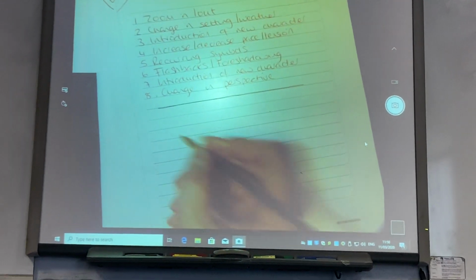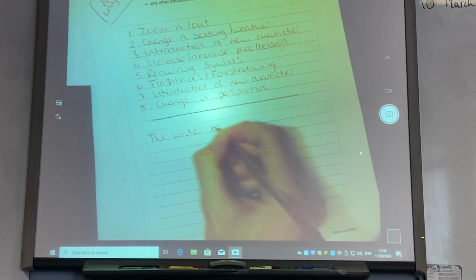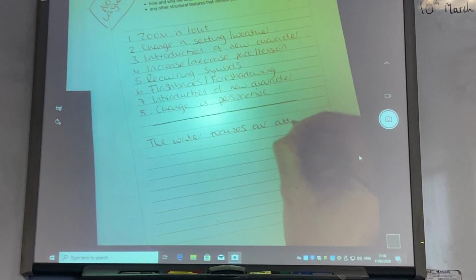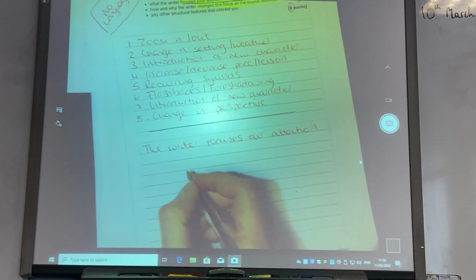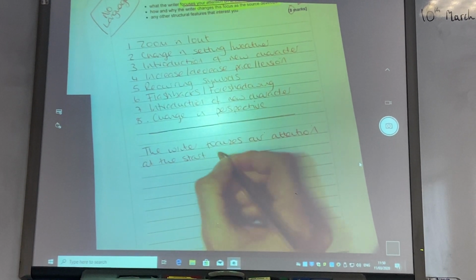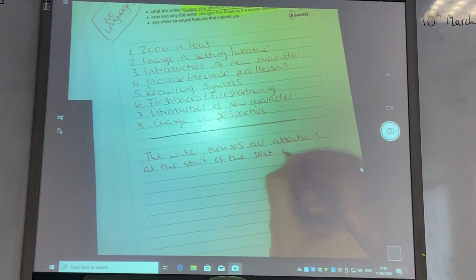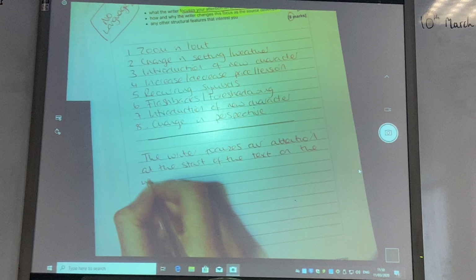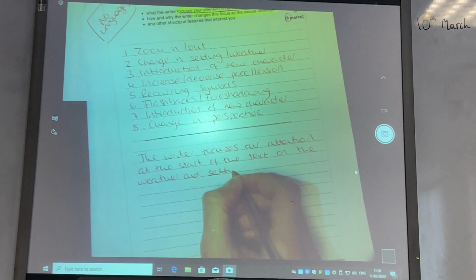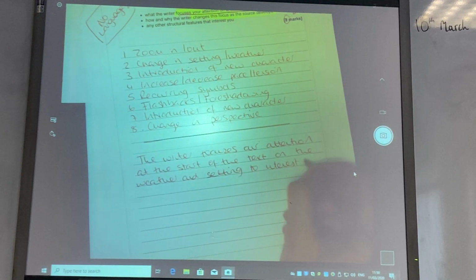So we start with: the writer focuses our attention at the start of the text on the weather and setting to interest the reader.